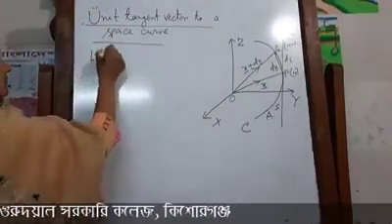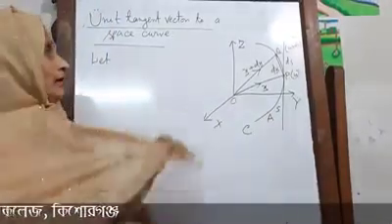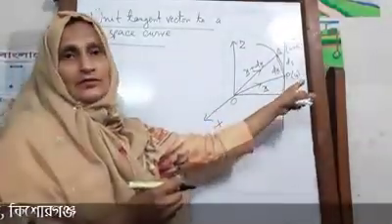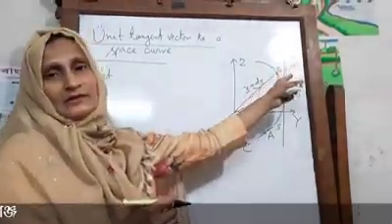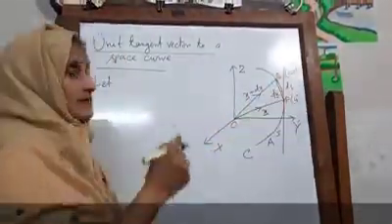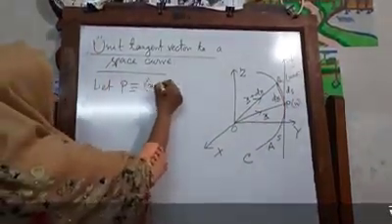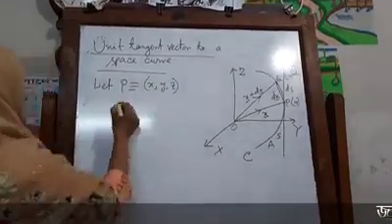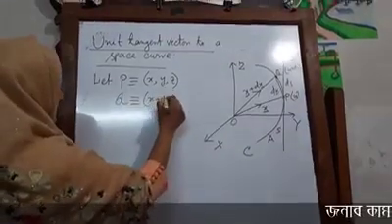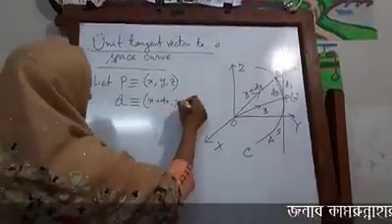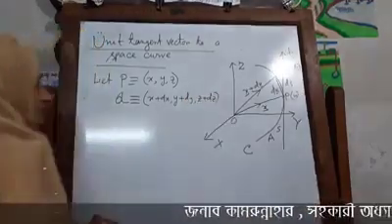Let the coordinates of P be x, y, z and Q be x plus δx, y plus δy and z plus δz.